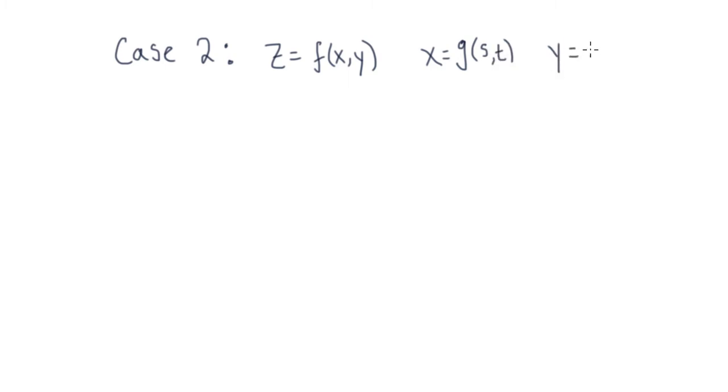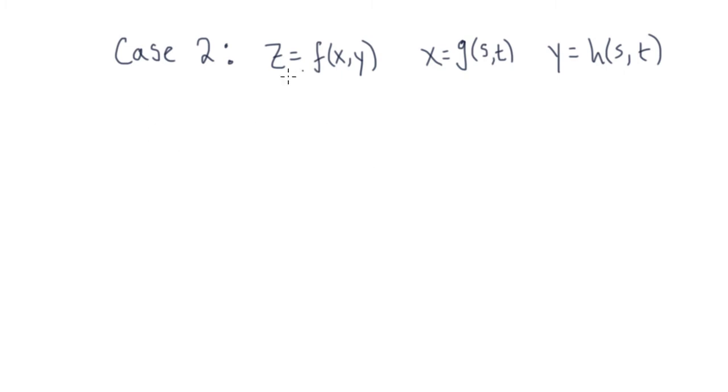And you can see where this could get sort of endlessly complicated as we go to more and more variables. But this will be the case we'll consider. z is a function of the two intermediate variables x and y. And then those intermediate variables each are functions of the independent variables s and t.